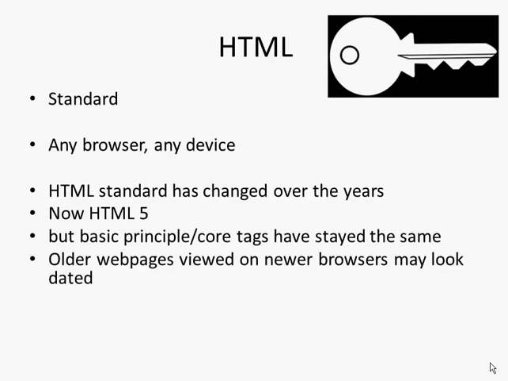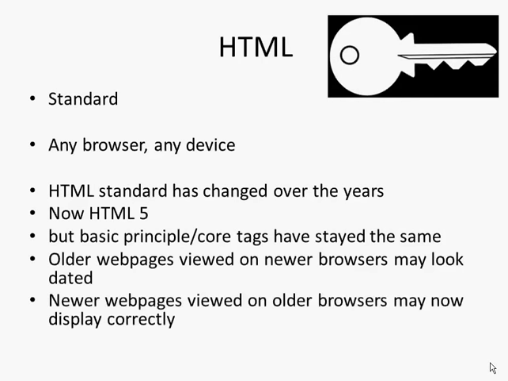These changes might mean that older web pages viewed in newer browsers may look a bit old and dated, and newer web pages viewed on older browsers may now not display correctly. But on the whole, HTML has stood the test of time since the 1990s, and like I say, is universal and can be used on any device.